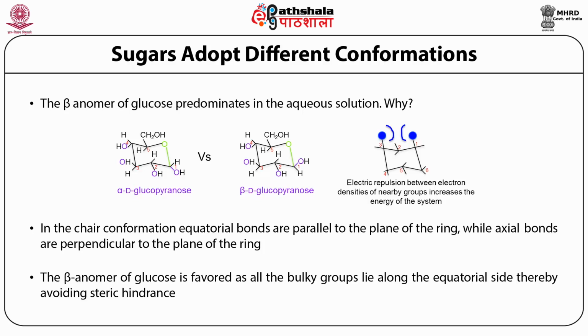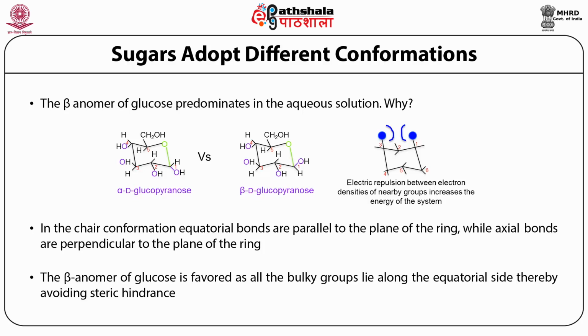So just keeping this in mind, let us go back to the structures of alpha D-glucopyranose and beta D-glucopyranose in their chair conformation, and have a look at the placement of the hydroxyl groups in both these chair conformations of glucopyranose.